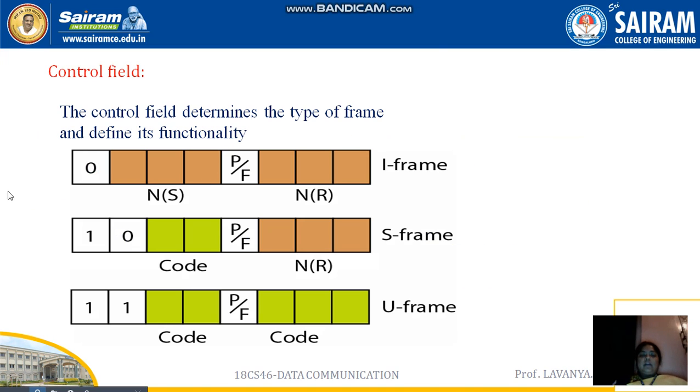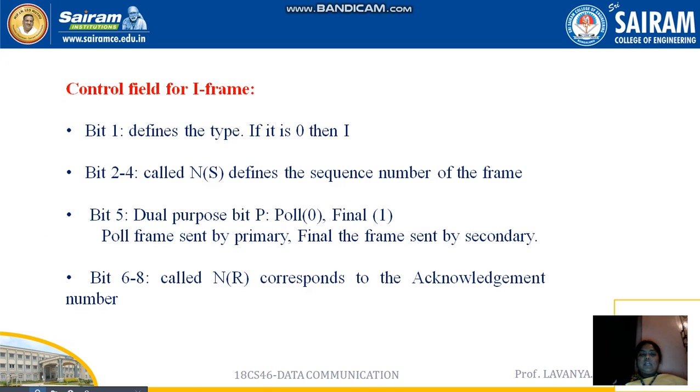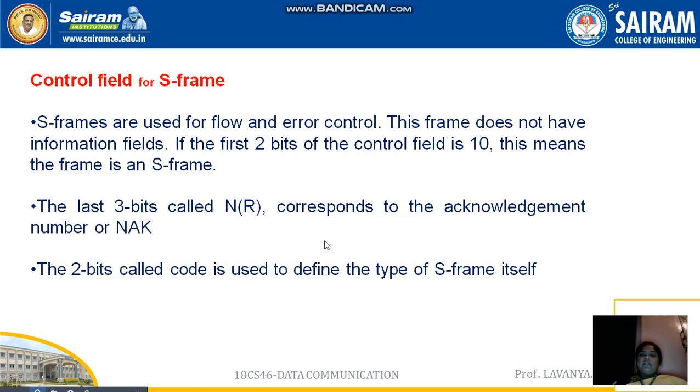If the starting bit is 0, we call it an I frame. If it is 1, we call it a U frame. So if the starting two bits contain the value 10, we consider it an S frame.